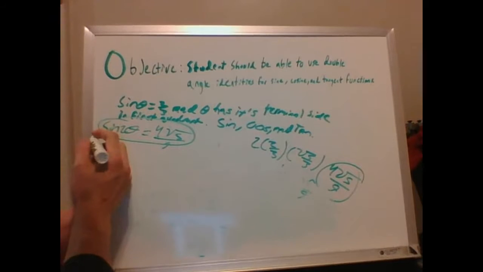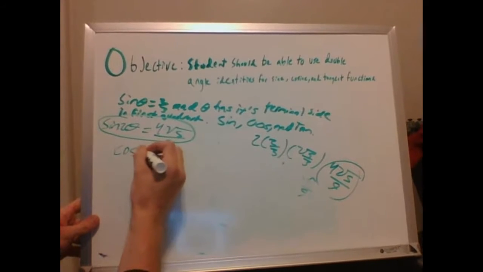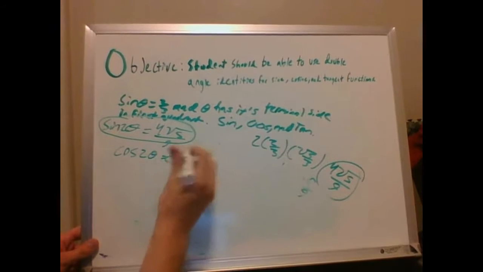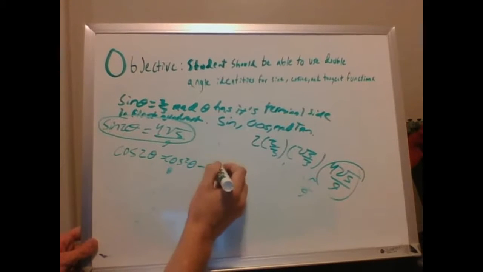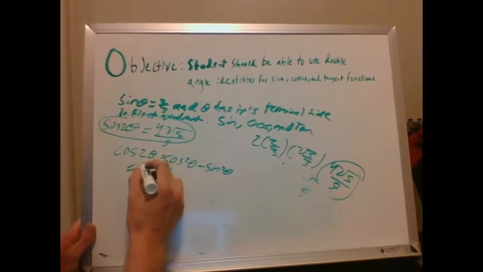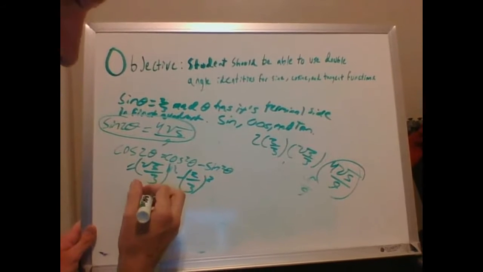Then to find cosine 2 theta, we already know cosine and sine, so we can use any identity. So I'm going to start with cosine 2 theta equals cosine squared theta minus sine squared theta. And from there we will have square root 5 over 3 squared minus 2/3 squared.